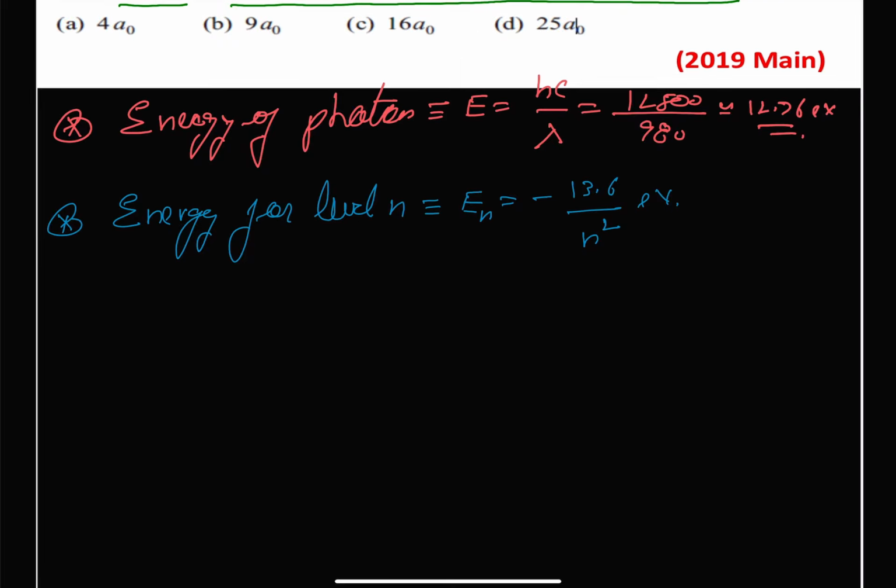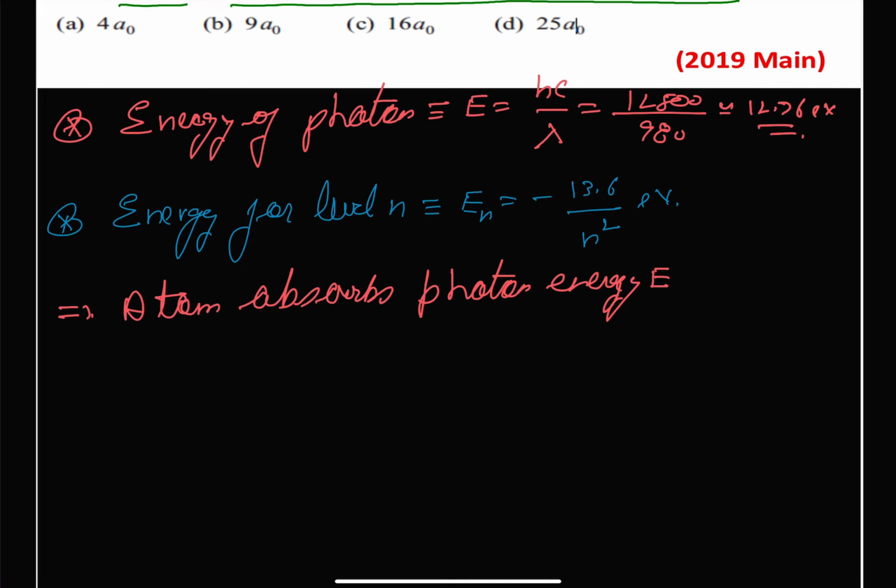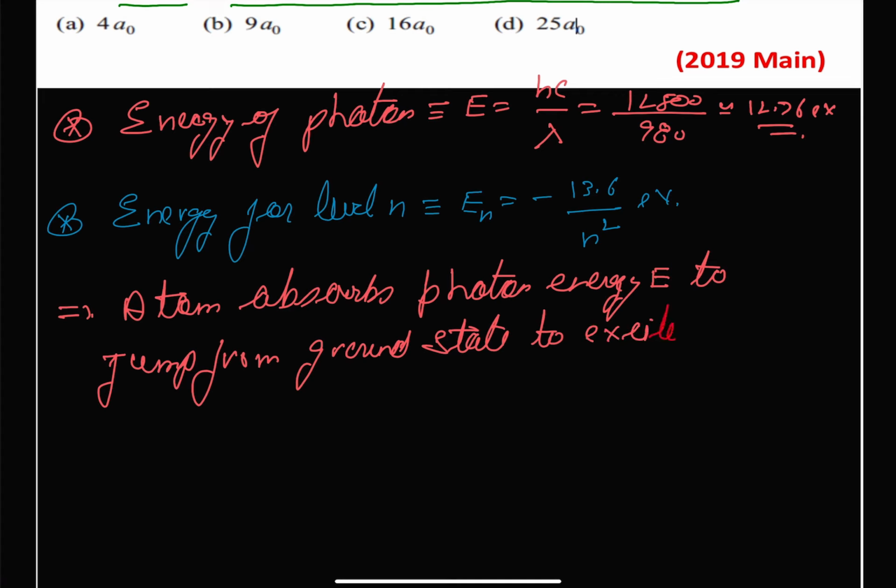So we can say the atom absorbs photon energy E to jump from the ground state to the excited state, and let us suppose that state is n.